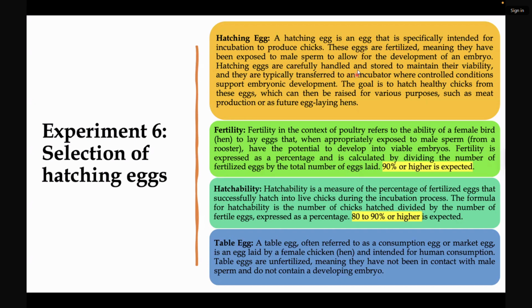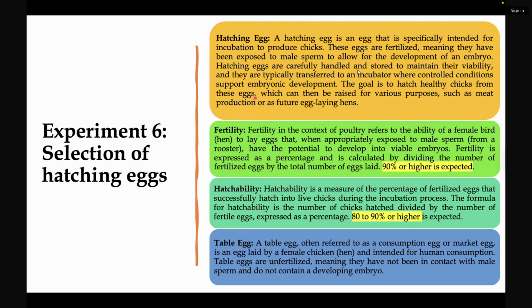The eggs are carefully handled and stored to maintain their viability, and they are typically transferred to an incubator where controlled conditions support embryonic development. We have talked about this in our last class. The goal is to hatch healthy chicks from the eggs.